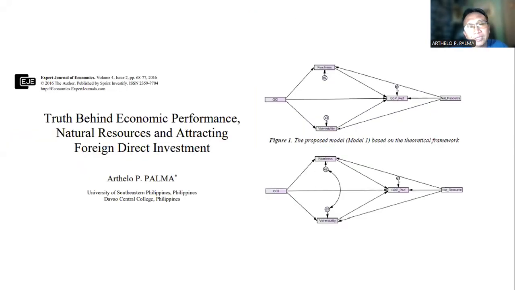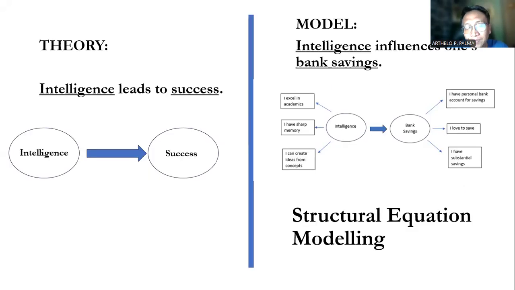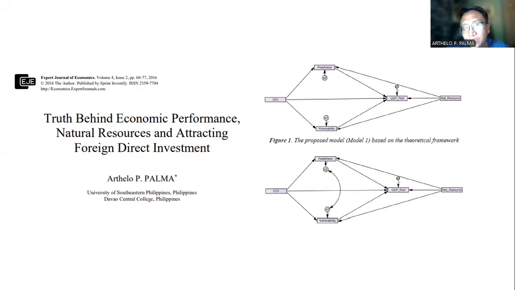Another example is my study, which I published, Truth Behind Economic Performance, Natural Resources, and Attracting Foreign Direct Investment. I did not use latent constructs for each variable, because the variables I use here are not actually exogenous constructs and endogenous constructs.